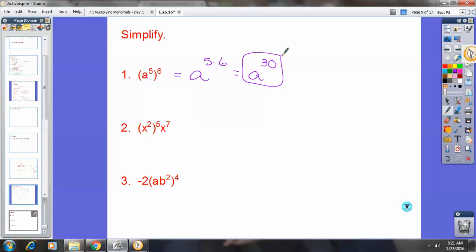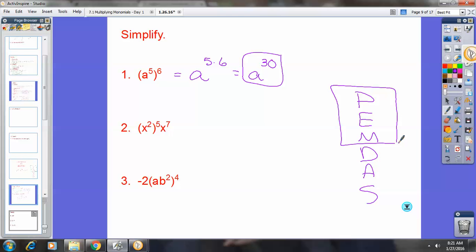Now for that problem, there wasn't a whole lot of extra stuff to do. But starting with example 2, we're going to have to be very careful. I'm really focusing on these first 3 steps in order of operations. Okay, so on example 2, let's start with the P, parentheses. Is there anything inside the parentheses that I can take care of? I'm looking right here. Is there anything to do to simplify x squared? I don't think so. It's just x squared.